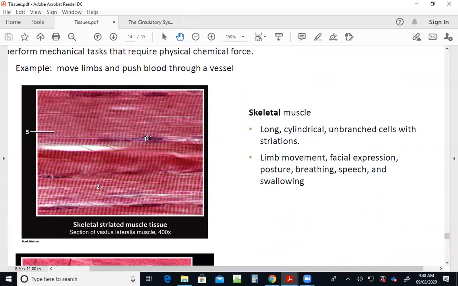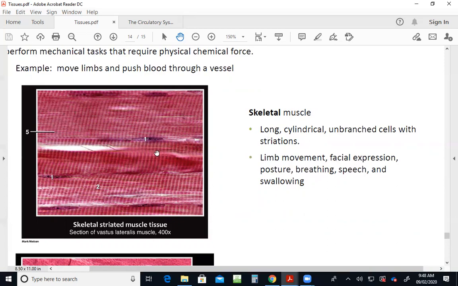Key feature of skeletal muscle, and you can kind of see in the picture, it looks a little bit fuzzy, okay? Though that fuzzy appearance is actually because it is what we call striated. It has little stripes in it. Okay, it's really kind of crazy, cool. We'll get into that when we talk all about muscle tissue and mostly skeletal muscle in that lecture here in unit number 3.